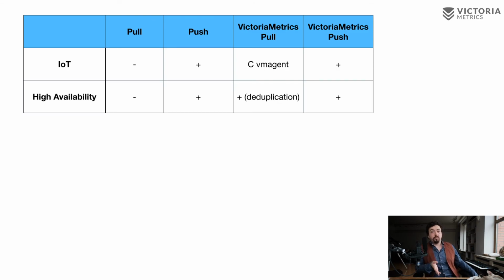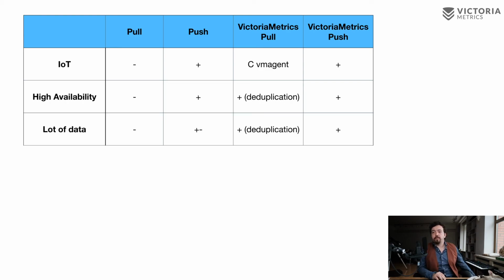It's really hard to make pull work with high availability. But it's okay with push, and it works in VictoriaMetrics because we have deduplication. Probably not only VictoriaMetrics has deduplication, but you need to check whether your solution has it or not.